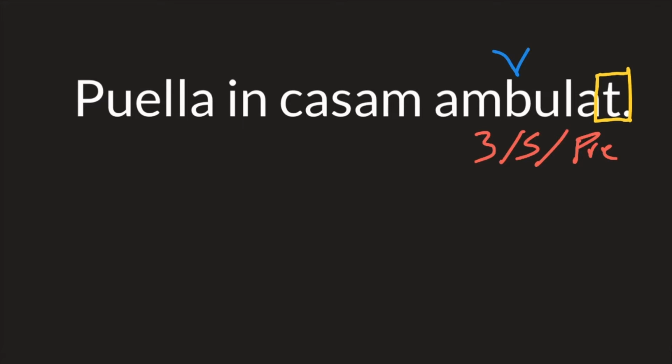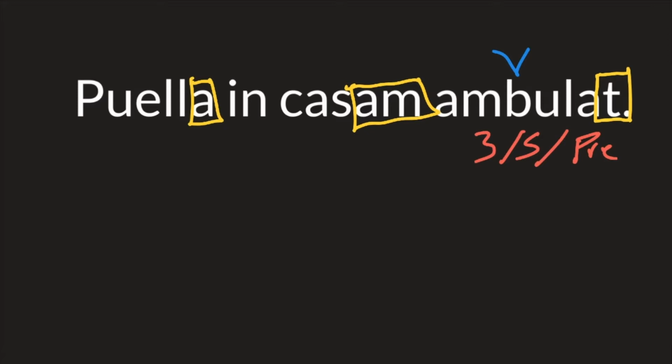All right, so we've now successfully found and parsed our verb, and the next step is to parse all the other words in the sentence. And we essentially have only 2 other words that we need to parse. We have puella, which ends in an A, and casam, which ends in that am ending. Both of these are first declension nouns. So we're going to look at our -a, -ae, -ae, -am, -a, -a endings.